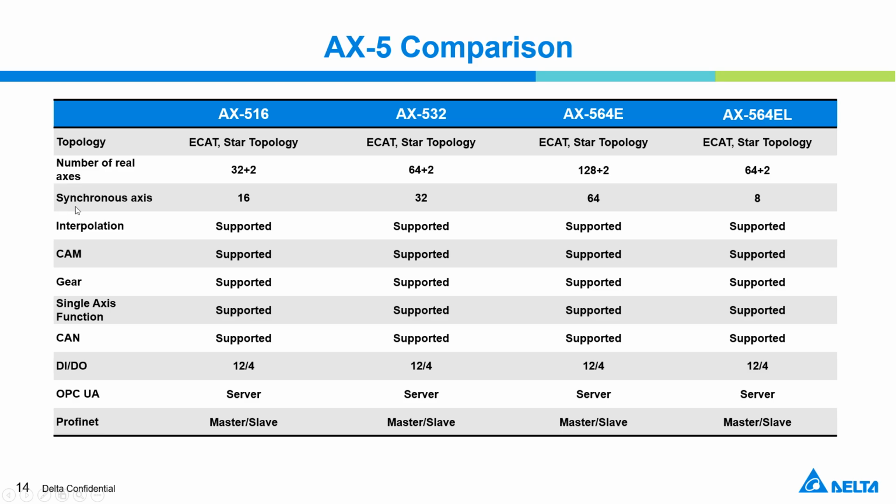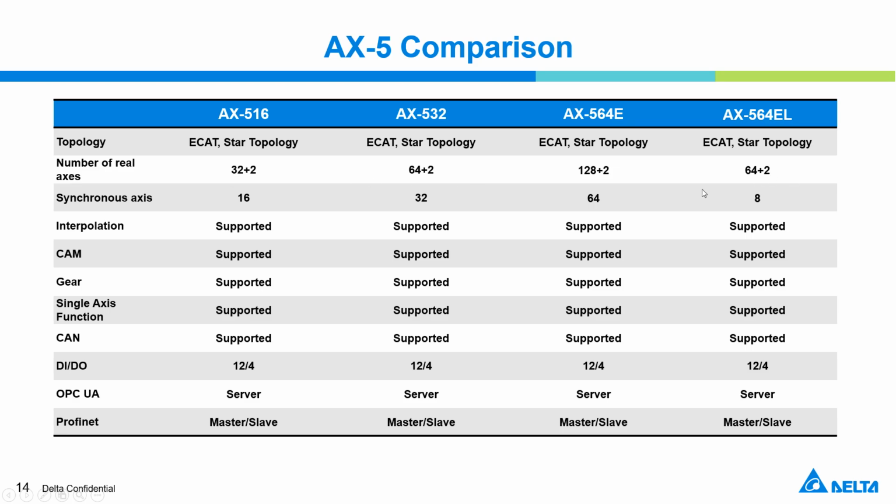Because I listed down here for synchronous axis, this module just supports a maximum of 16, right? But the total including the position axes will be 32. And this 2 means these two axes are controlled by pulse, not by communication, not by EtherCAT.